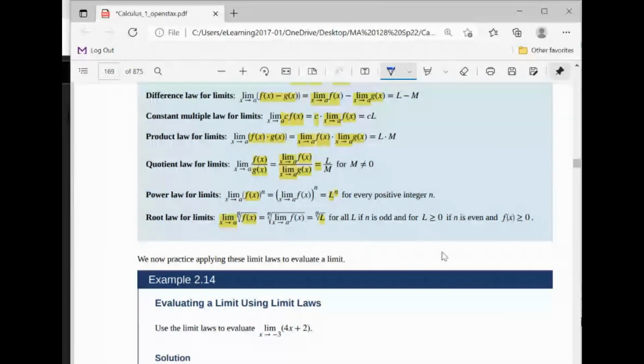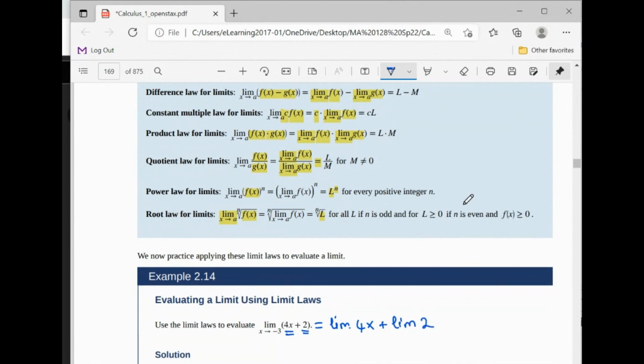Sorry, let me just try again. So the limit of this expression, looking at the laws, we can say this is equal to the limit of 4x plus the limit of 2, as x goes to -3.